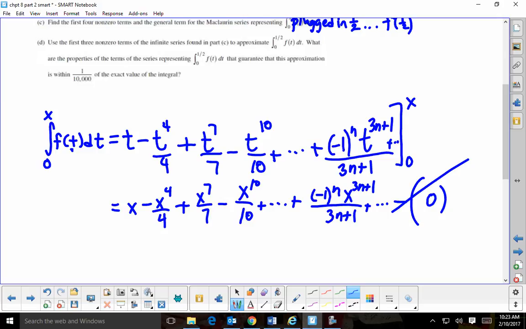Okay, so last part, question D. Is everybody okay so far with C? Okay, so question D. Use the first 3 non-zero terms of the infinite series in part C to approximate the integral from 0 to 1/2 of f of t dt. So I only want to do the first 3 terms now here in D. So what am I plugging in for x? 1/2.